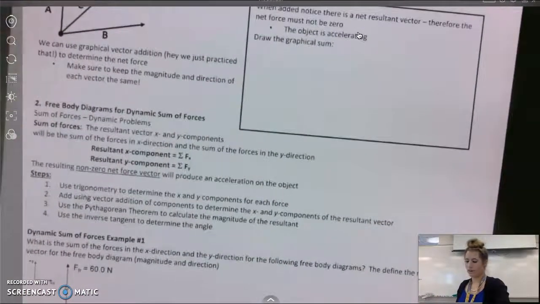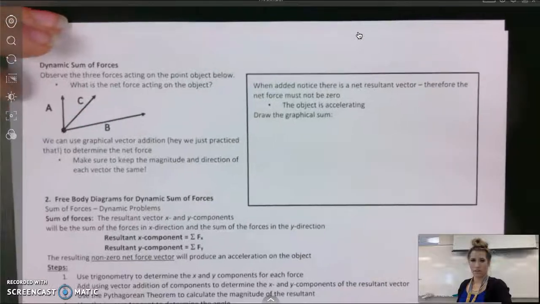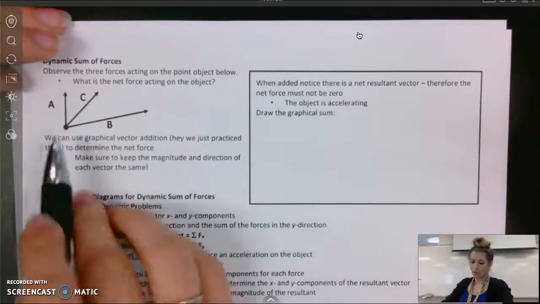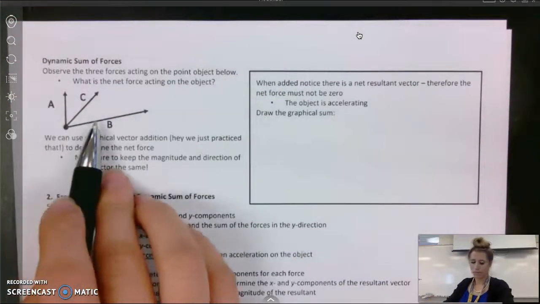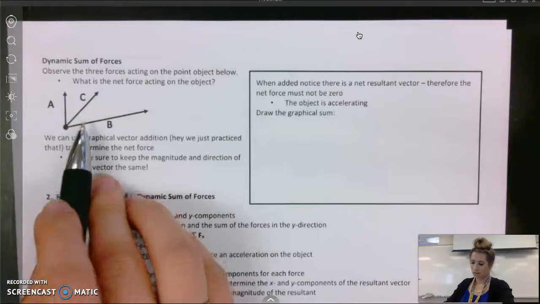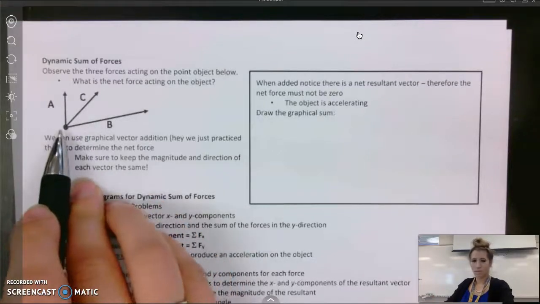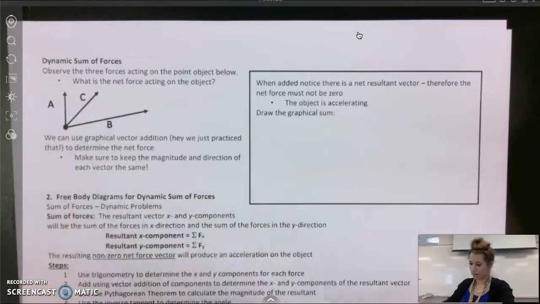Now, just a reminder about vector addition. So if we have a free body diagram and we have these 3 forces acting on this object, we can do the sum of the forces graphically by adding those together.